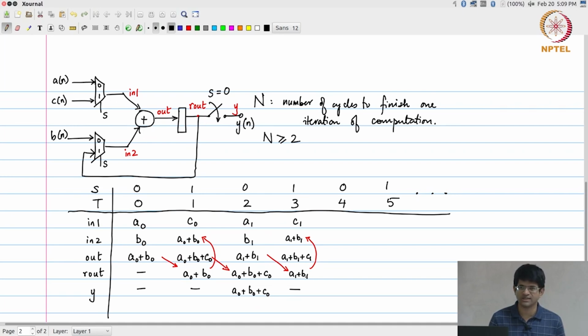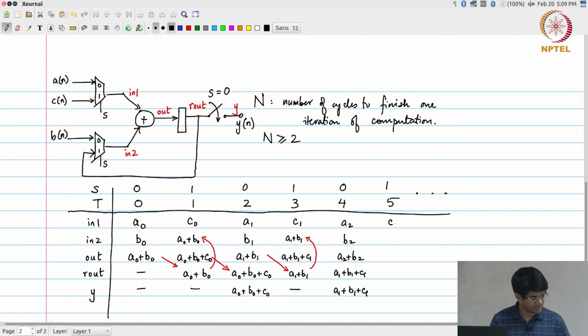Another way of doing it would just be to say that when S is equal to 1, don't allow the value of y to change, don't let it reflect the value of R out. So you put a latch over there with half the frequency if necessary, that's all. Okay. We can take this further. At time 4, essentially I would have A2, B2, A2 plus B2, this would become A1 plus B1 plus C1, which in turn would come through to y, right?